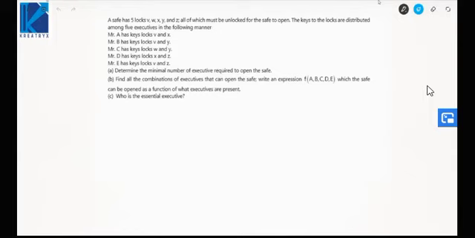Moving to the next problem, it says a safe has 5 locks V, W, X, Y and Z, all of which must be unlocked for the safe to open.